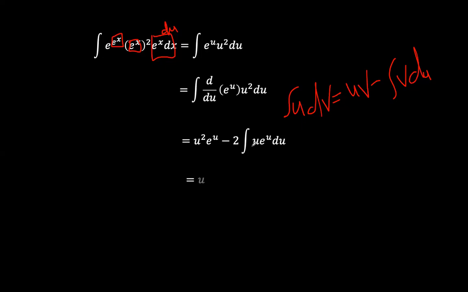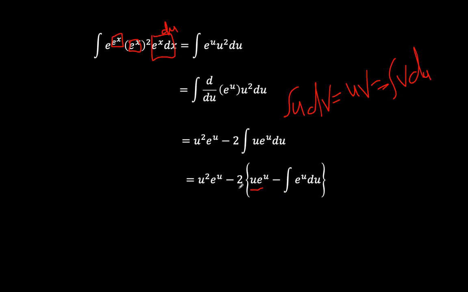And then we can repeat the same process here, with e to the power u being dv. I mean, the derivative of V being e to the power u equal to dv, so V is e to the power u, and U being equal to u. So UV is u times e to the power u minus the integral of V, which is e to the power u, times the derivative of U, which is just 1.